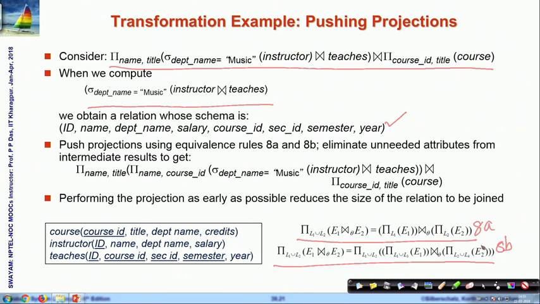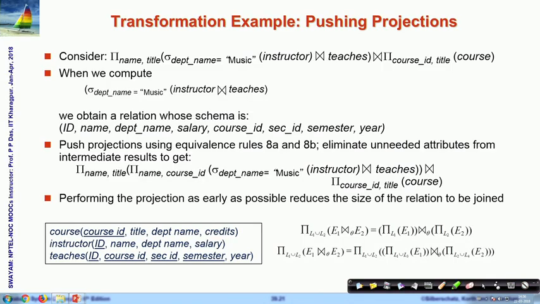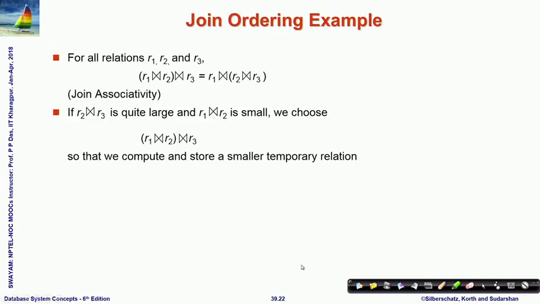By this we can push the projections inside and make the relations smaller, because you are cutting down on the number of columns. So, your relation becomes smaller. When you project there will also be duplicates which get removed. So, in every way your relation becomes smaller in size, and your subsequent join operations would be more efficient.